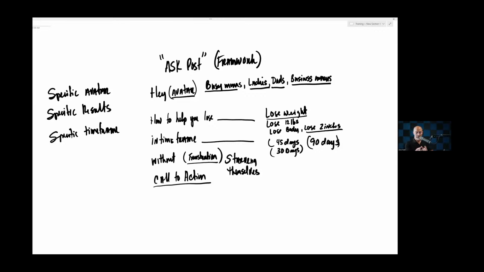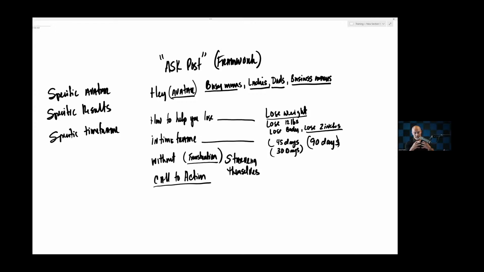Now, the cool thing about this is that when we walk through this formula and this framework, you could really dial in a couple other things. Or you could even say, hey, without having to take prescription drugs, or without having to take weight loss pills or weight loss supplements, right?